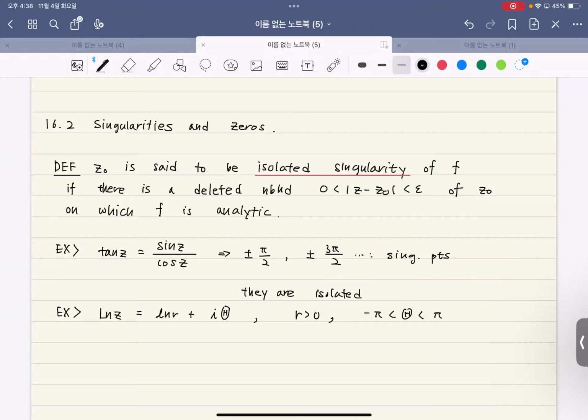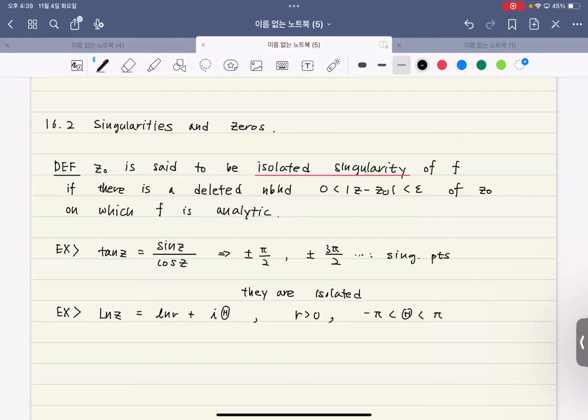I want to talk about the origin. Is the origin a singular point of this function? What do you think? Yeah, the origin must be a singular point, because clearly my function fails to be differentiable at the point, so it cannot be analytic at the origin.